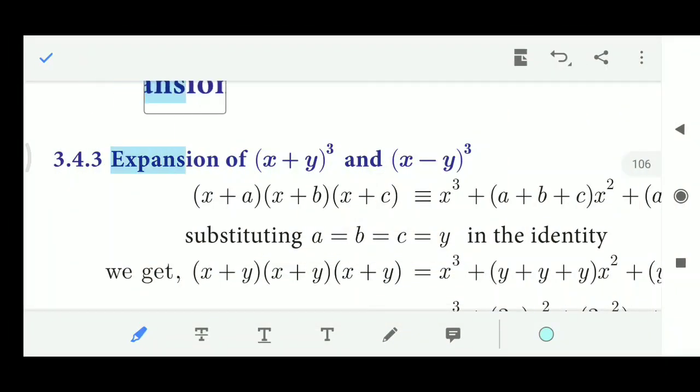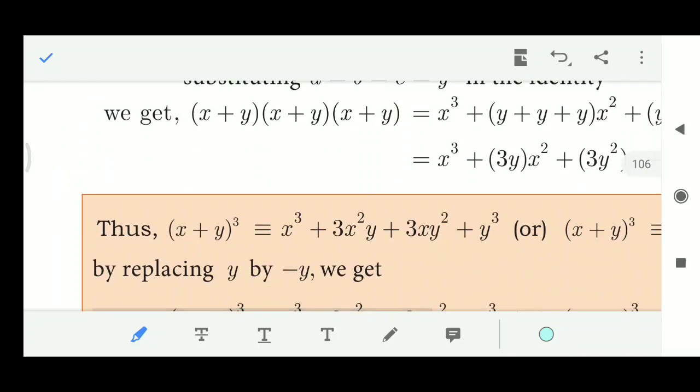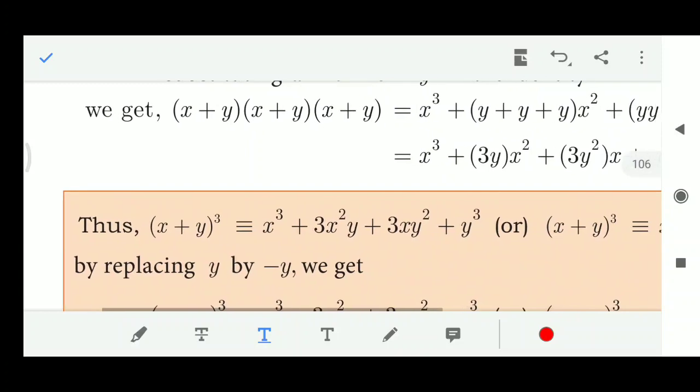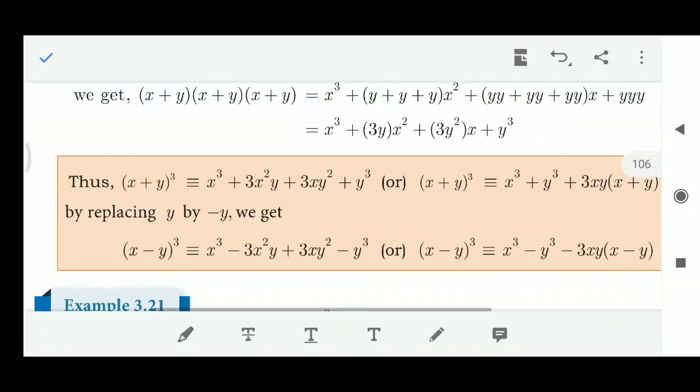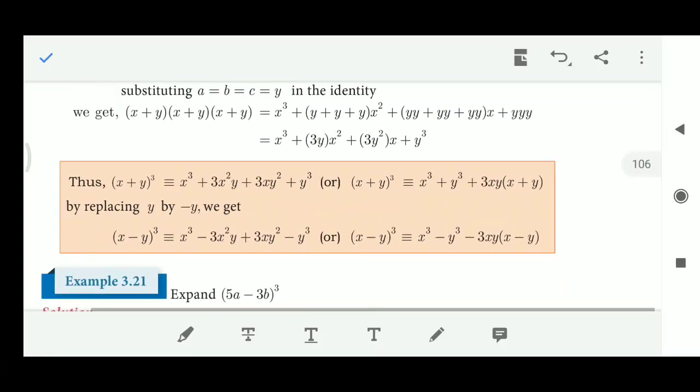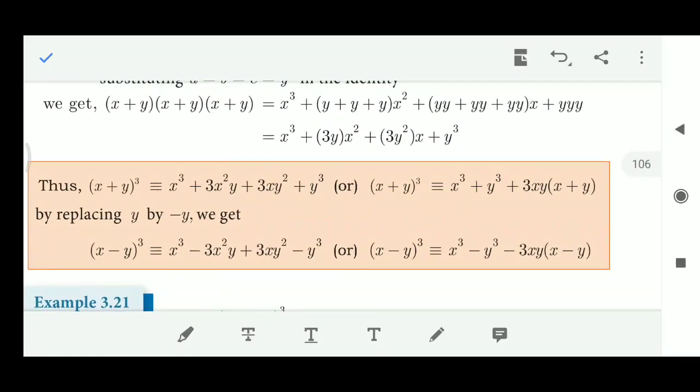Next, we are going to see the expansion of (x + y)³ and (x − y)³. Here, (x + y)³ is equal to x³ + 3x²y + 3xy² + y³. And you can write it in another way also. (x + y)³ can be written as: first you have to combine the first and last terms, which is x³ + y³.